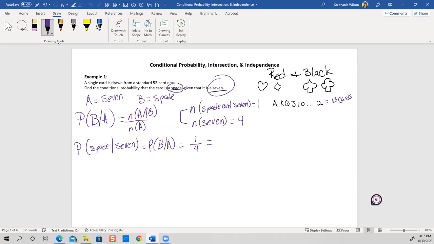Let me write that: the number of spade and 7, divided by the number of elements of 7s. That's how we got the 1/4. So the probability that the card drawn is a spade, given that it is a 7, is 1/4.